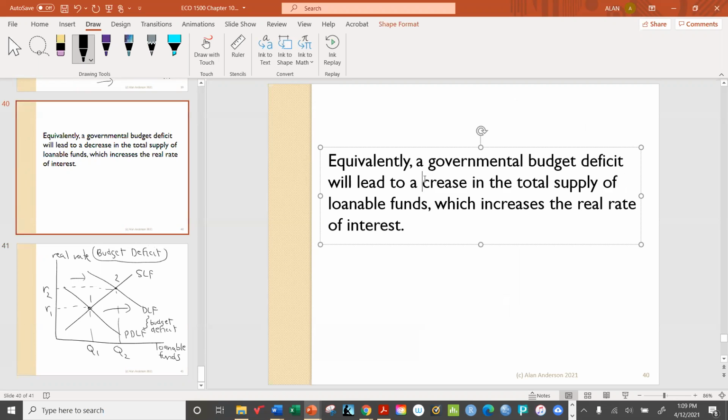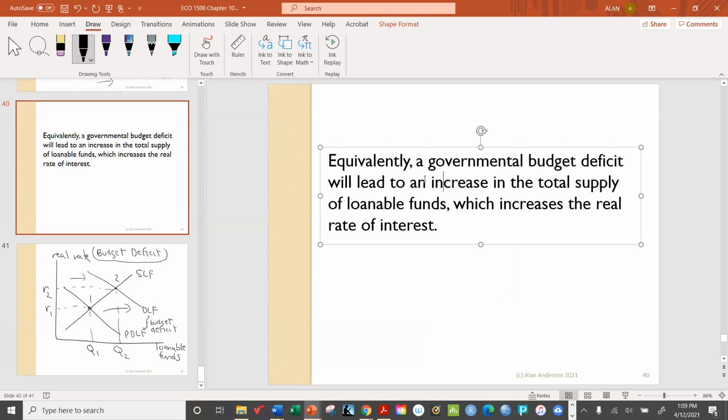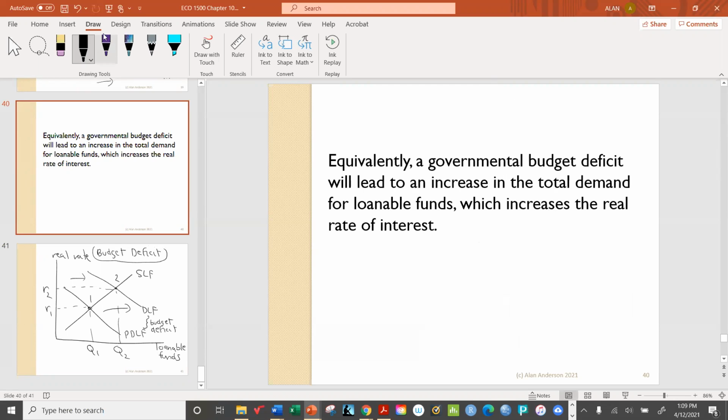Actually, I have to make a change in the notes here. There we go. It's the demand that's being affected now because they're borrowing. They're borrowing like crazy. Before they were lending, now they're borrowing.